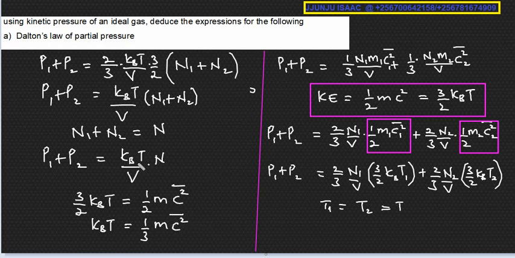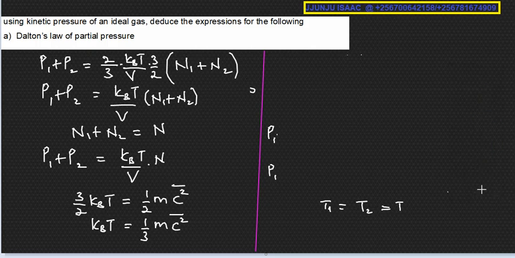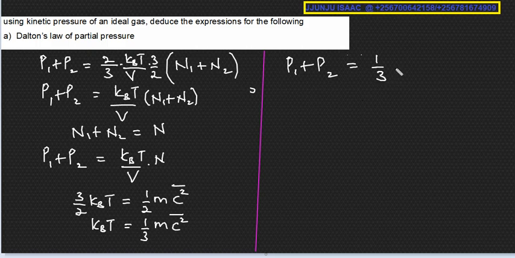So we are going to substitute this kB T with this. kB is the Boltzmann's constant. So let me create space. So we shall say that P1 plus P2 will be equal to a third m c squared. So that is kB T, then divided by V times N.